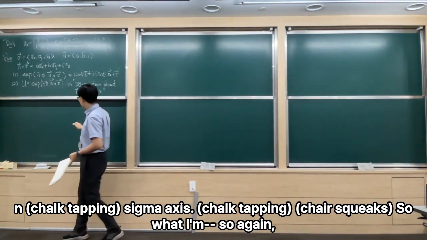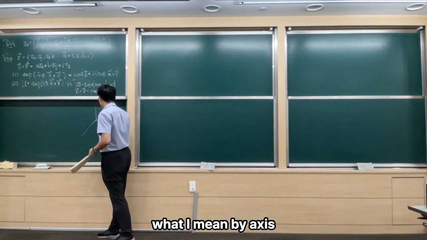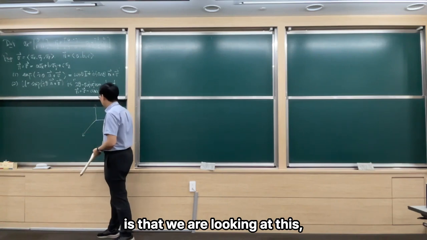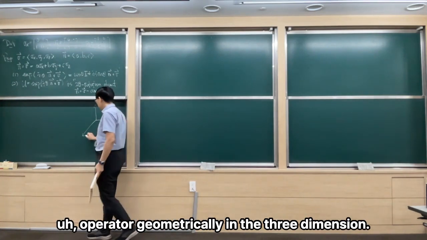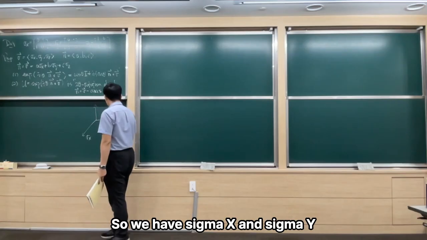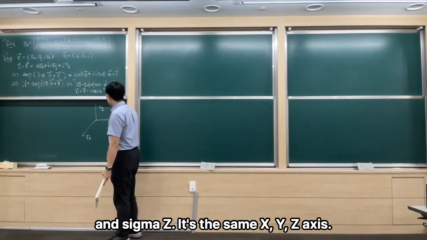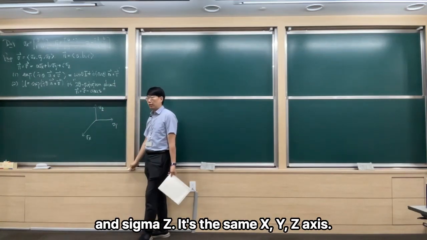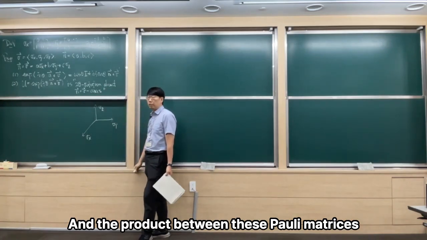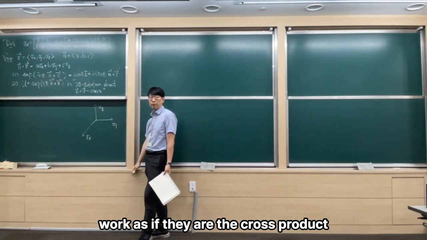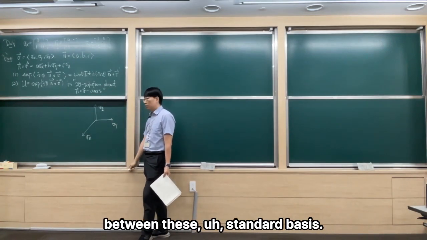What I mean by axis is that we are looking at this operator geometrically in 3 dimensions. We have sigma x and sigma y and sigma z. It's the same x, y, z axis, and the product between these Pauli matrices works as if they are the cross product between these standard bases.